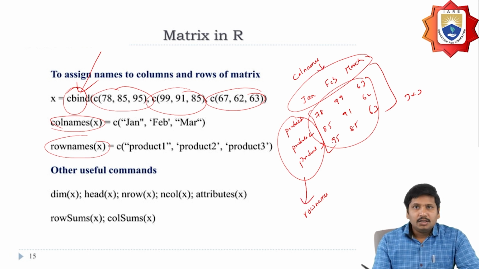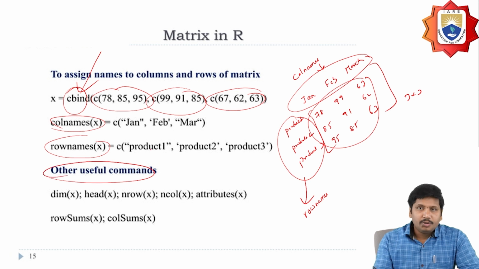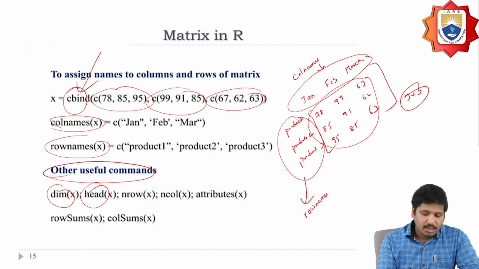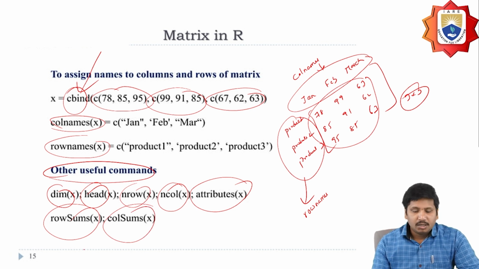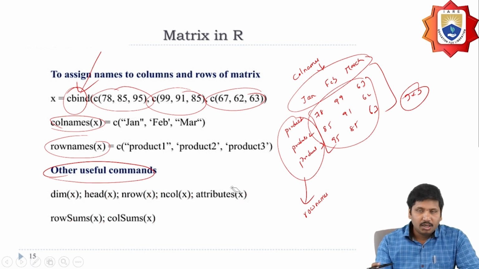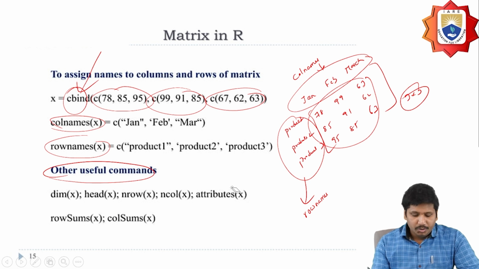Some other useful commands used with matrices in our programming are dim of x. Dim of x lets me know the dimensions of the matrix, the header of the matrix, the number of rows, the number of columns, the attributes of the matrix, row sums and column sums. These are additional commands that should be useful.